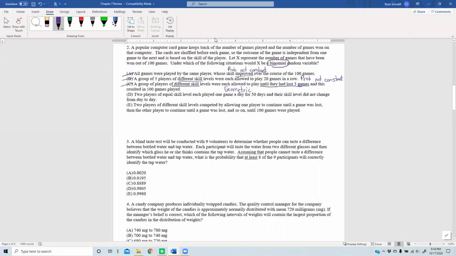They have equal skill. Their skill did not change. Maybe. E, 2 players of different skill level competed by allowing one player to continue until a game was lost. Then the other player continued until a game was lost, and so on until 100 games were played. This smells of a geometric distribution. So it's gone. The only one that stood the test is D.